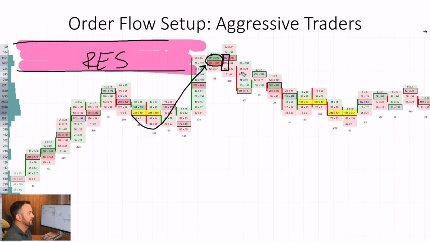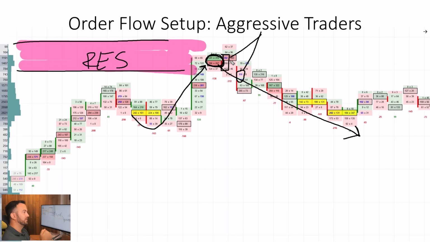Aggressive sellers, and then aggressive sellers in here as well, those selling imbalances, right? So those are aggressive sellers jumping in right after the level got confirmed with the absorption here. They want to join in that move that's likely to come, and you should do the same. So when you spot this, then you enter the trade.